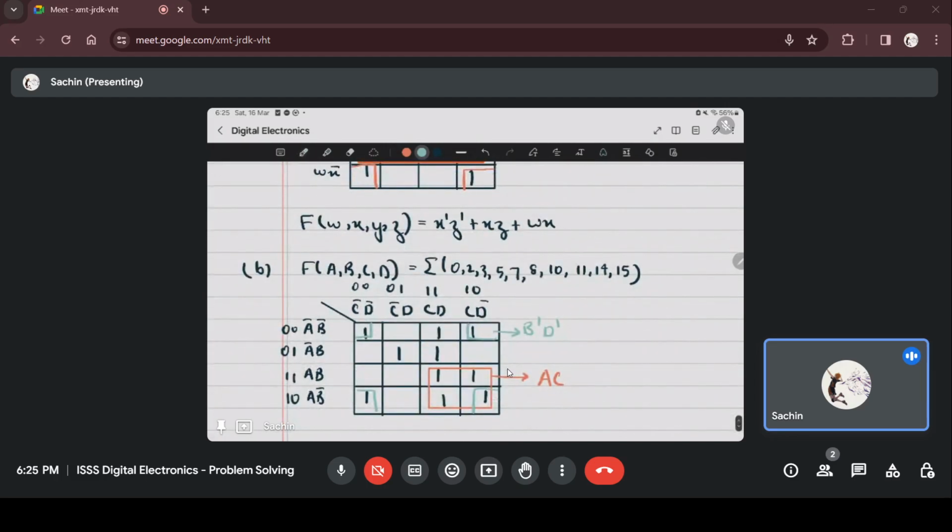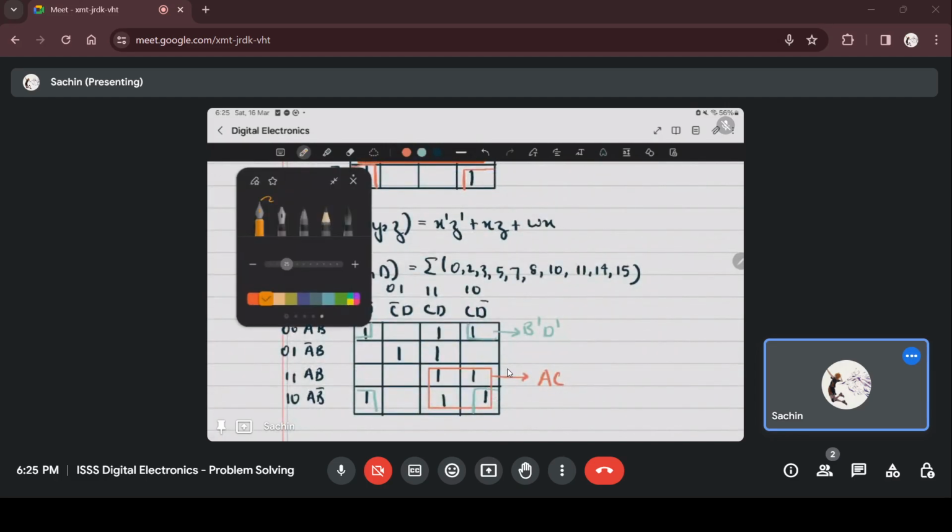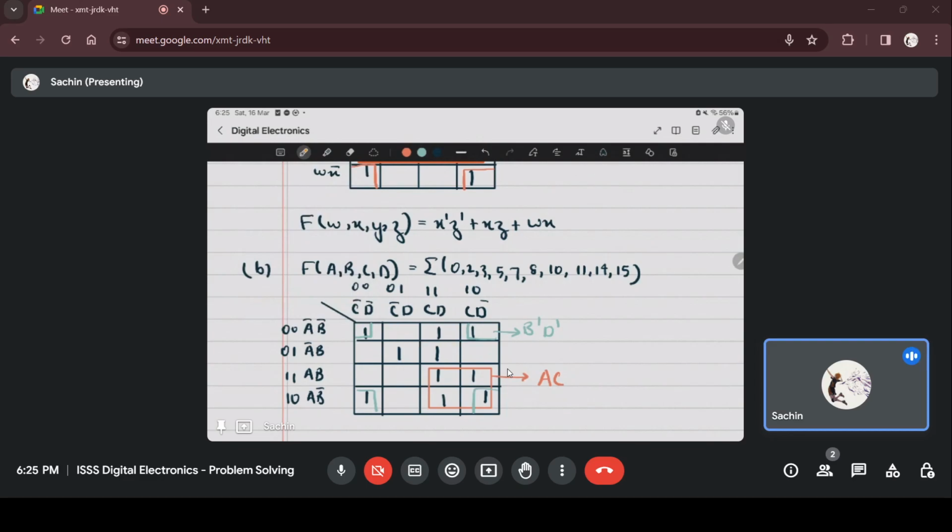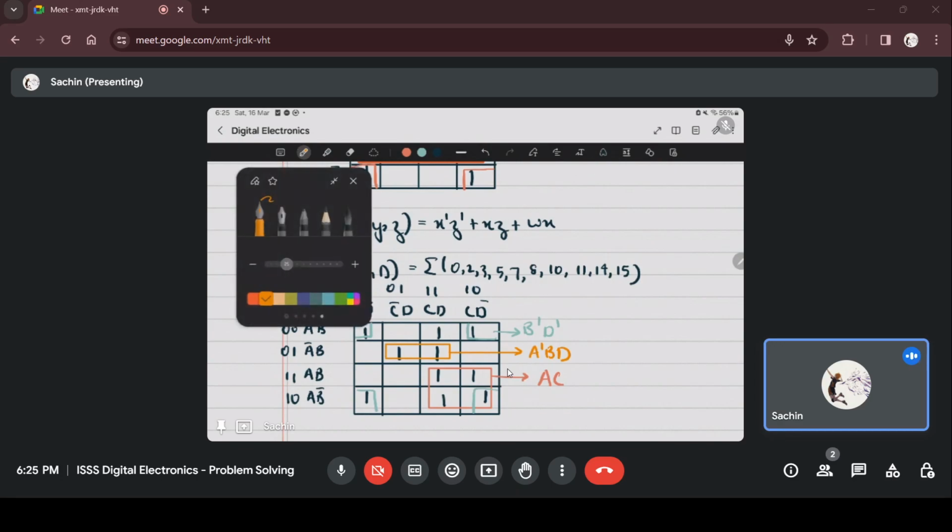A third essential prime implicant is this pair, which is A prime BD, and the remaining one can be covered in multiple ways, so it's not an essential prime implicant.